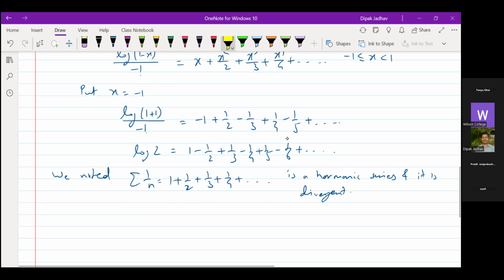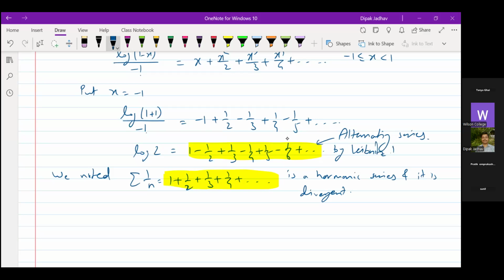So this expression and this expression, there is only a slight change. Alternate signs are plus minus. So this falls under the category of alternating series, and by Leibniz test, it converges.